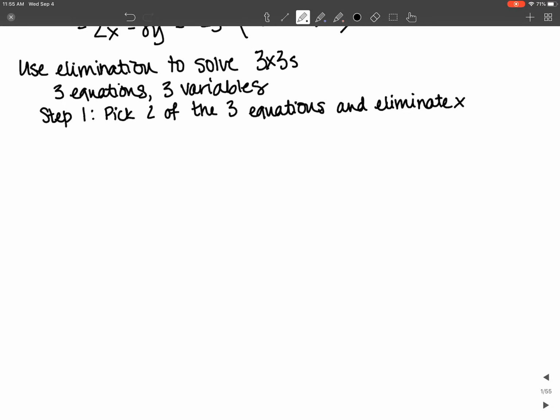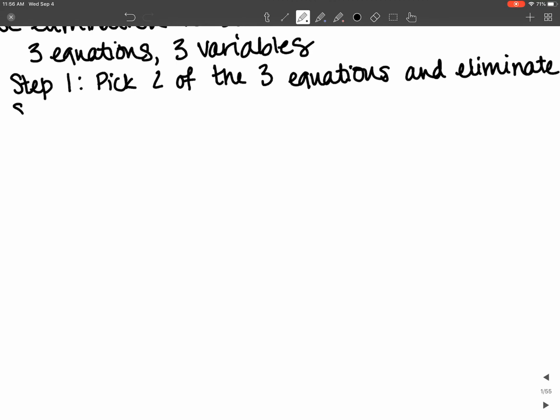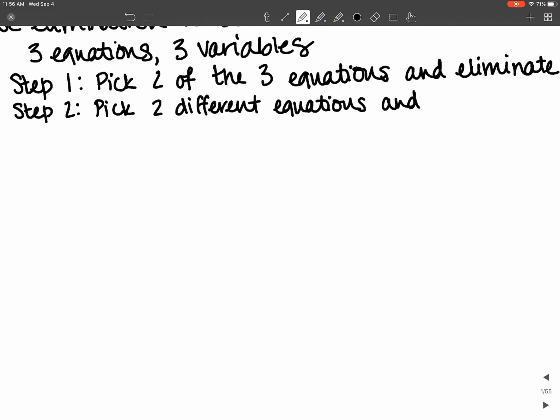Okay, so we're going to pick 2 equations and eliminate x. Step 2 is we're going to pick 2 different equations and also eliminate x. Kill x.